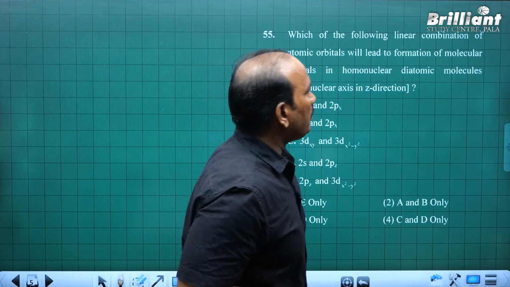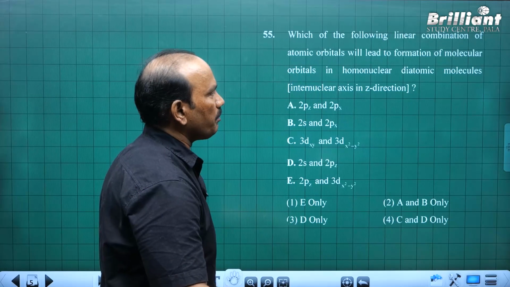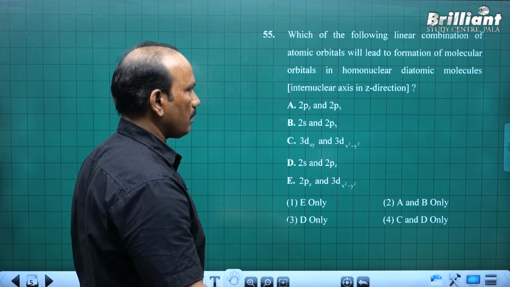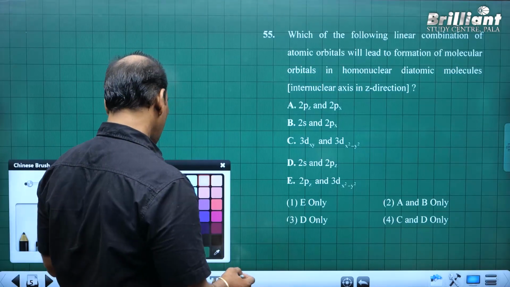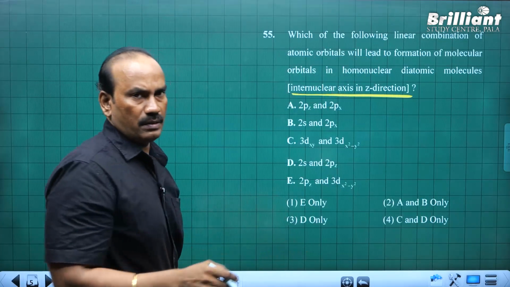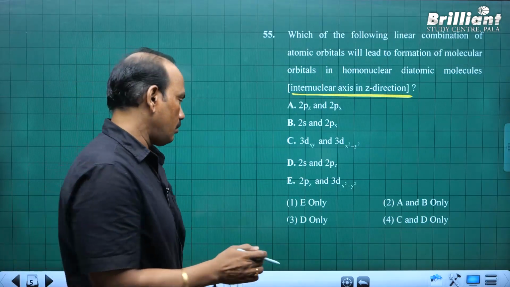Which of the following linear combinations of atomic orbitals will lead to formation of a molecular orbital? Okay. Here the main important point is, here the Z axis is the internuclear axis, it is able to form a sigma bond.